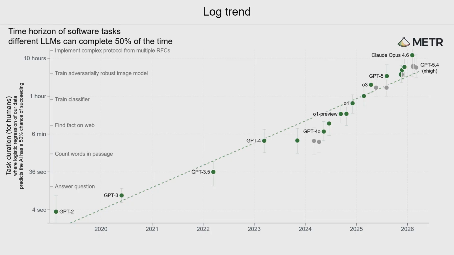You can now see the difference with GPT-3.5. It's not 10 minutes, it's 36 seconds. So ChatGPT could only do a task that a human could do in 40 seconds, so it could only do general tasks. But now these AI models can do stuff which takes humans 10 hours, and they can do it now.